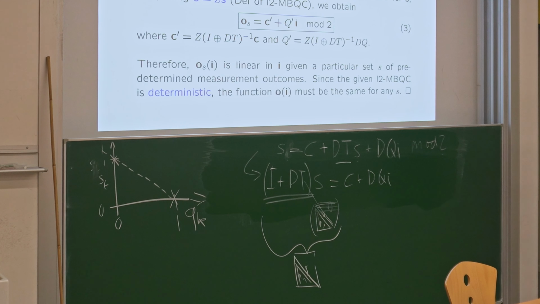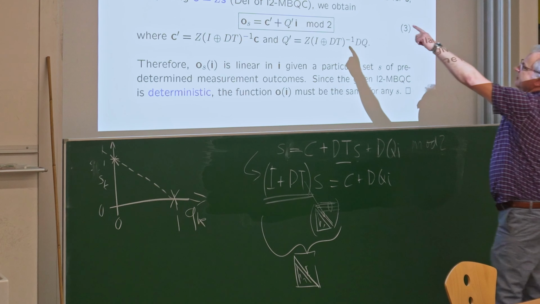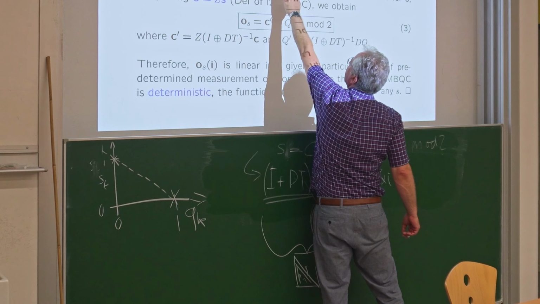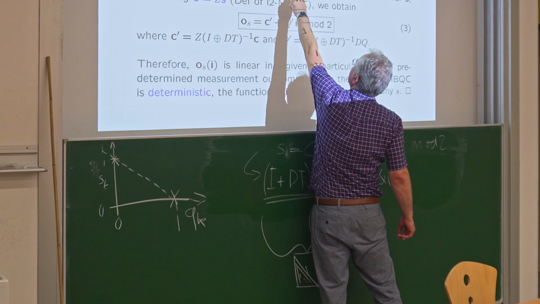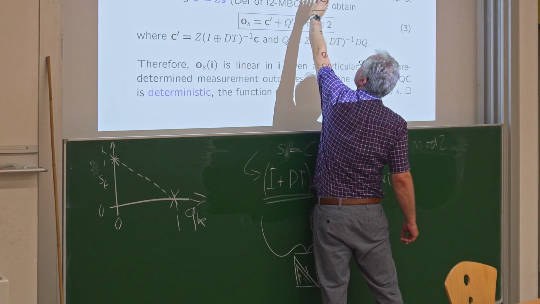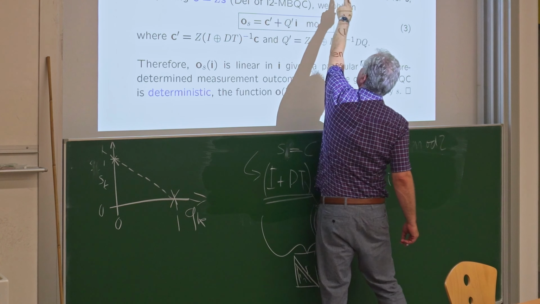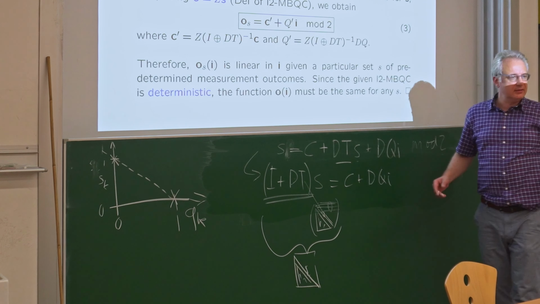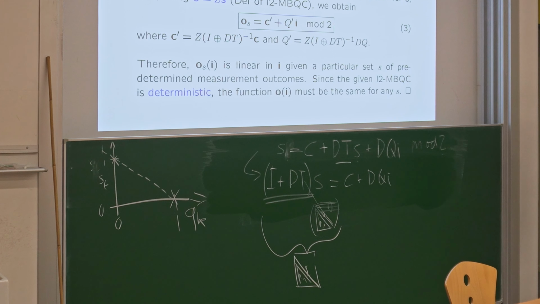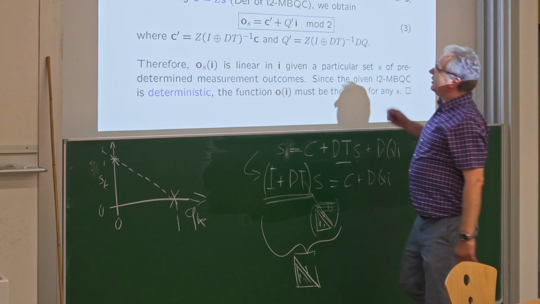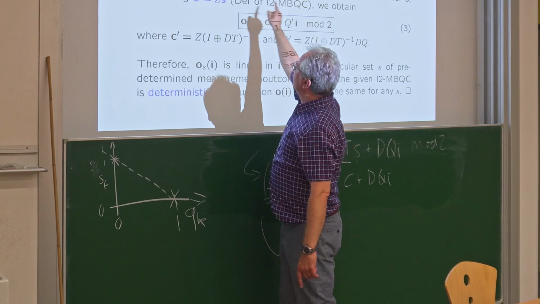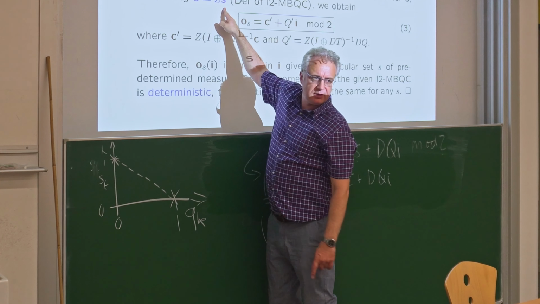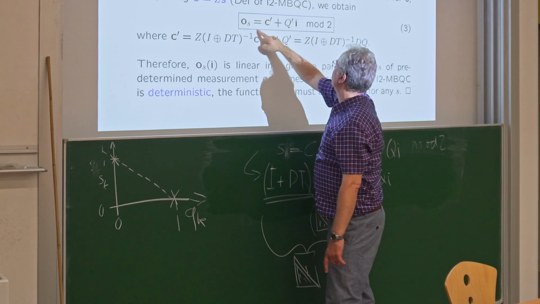So that matrix can be inverted, and after inversion you get S as a linear function of some constant and linear in the input I. The linearity in the input I doesn't go away. That was for the measurement record, and now you plug this into this further linear relation, and you get this.